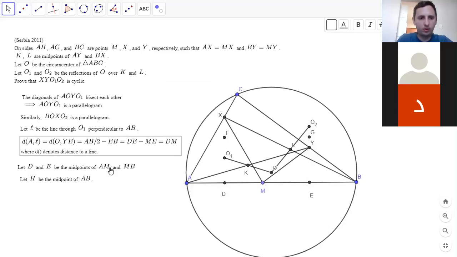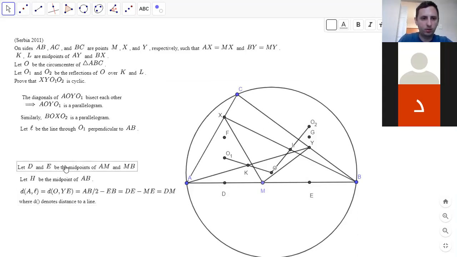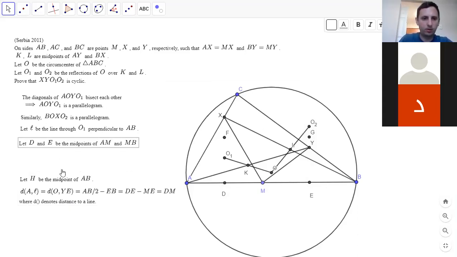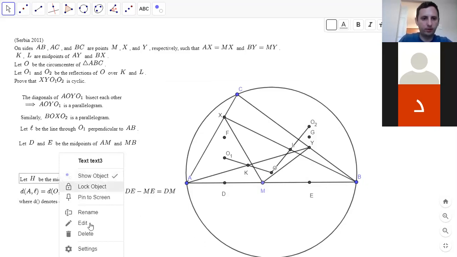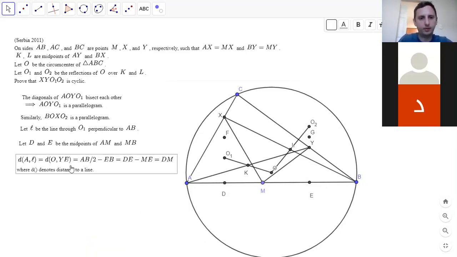Let me move this to another line. Oh, I should actually put this down here. This is a little awkward, but it works.